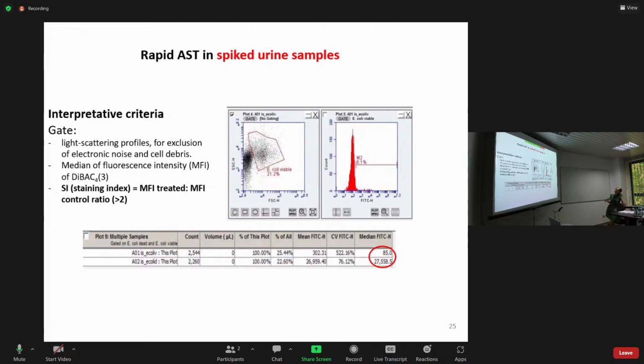After that, we followed this fluorescence and calculated the median, the staining index. So the staining index is the ratio between the median fluorescence of treated versus untreated control. We are talking here about antibiotic-treated bacteria. And the ratio must be higher than 2 in order to consider that the respective bacteria is susceptible to a certain antibiotic.